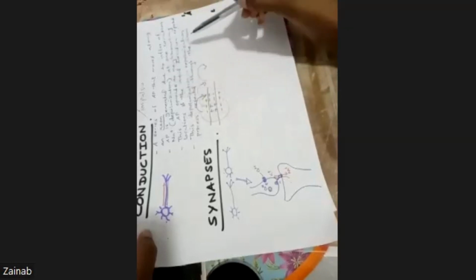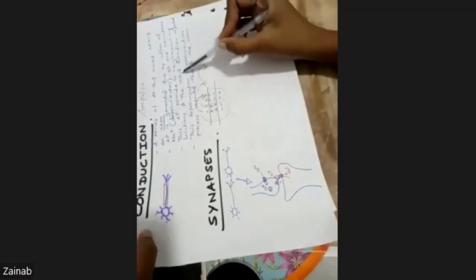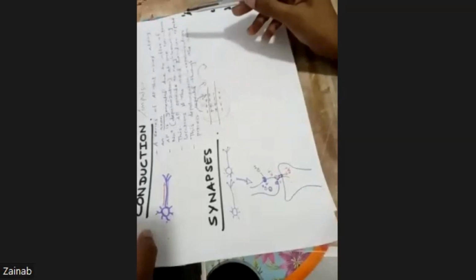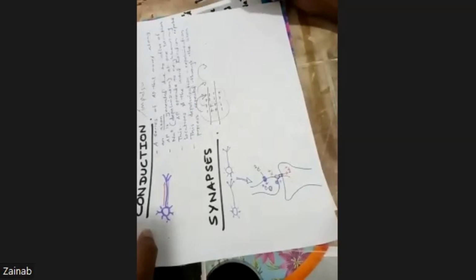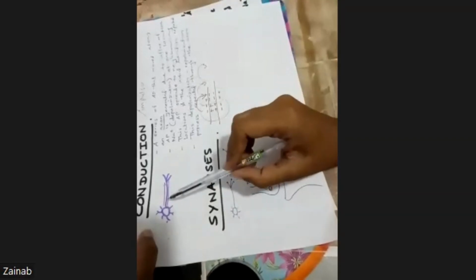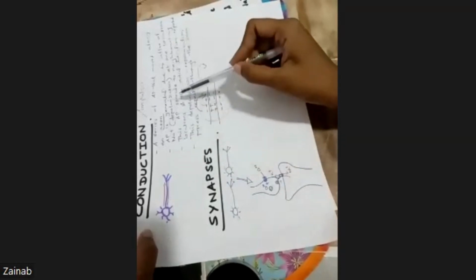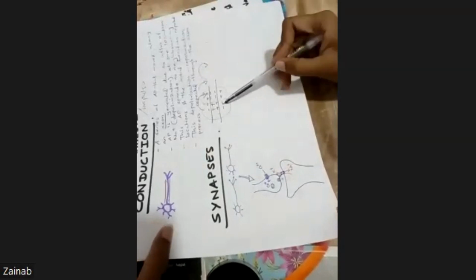While moving forward, the previous location will come to normal. That means the repolarization. So it will repeatedly happen throughout the axon. Likewise, we have the current flow and the conduction. That means we are passing the information like the current. I hope you guys get this.